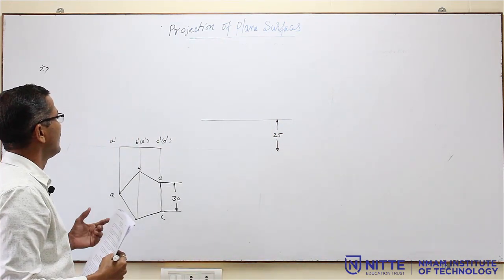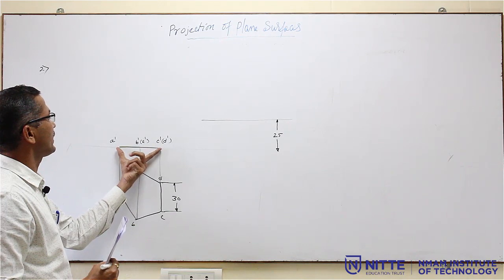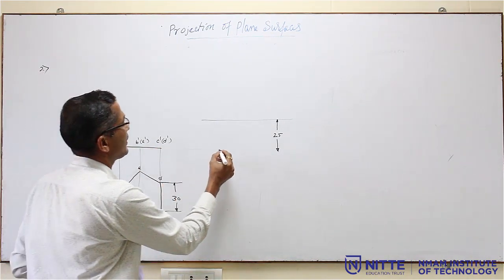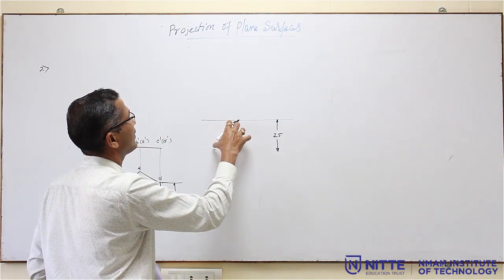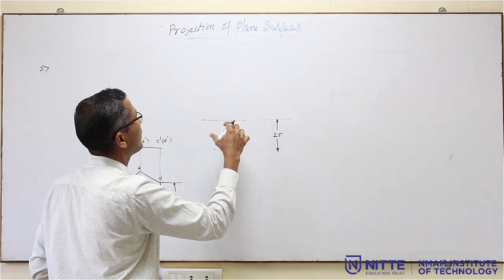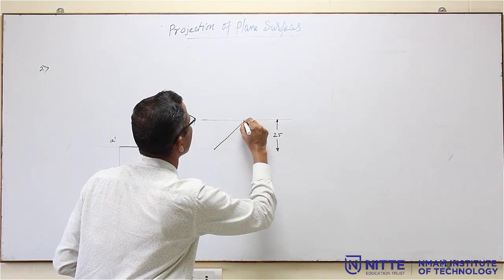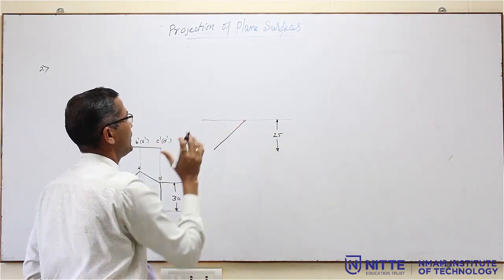Then take the compass and take this distance, that is the front view length, in the compass and keep it at some point on the XY line and cut this line and draw the line. So, the same front view we have copied in this position.